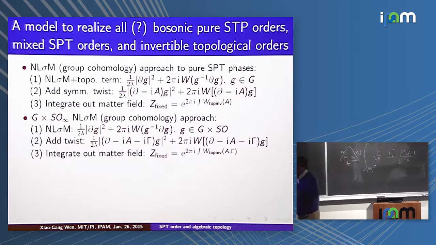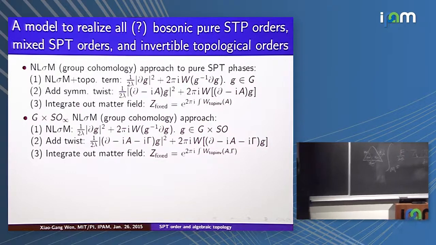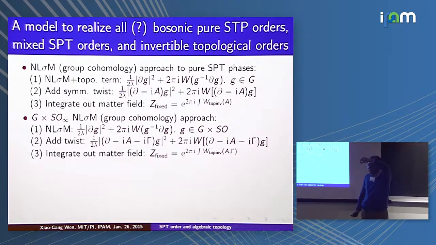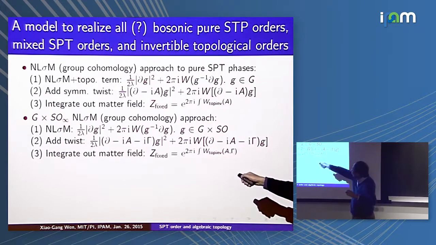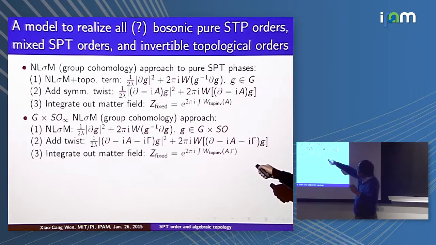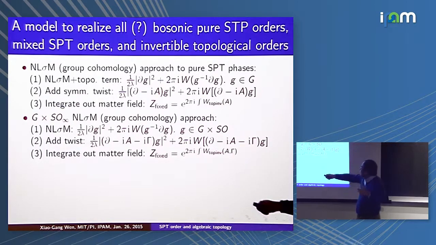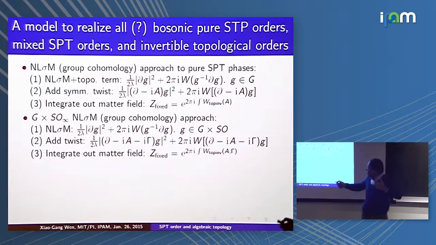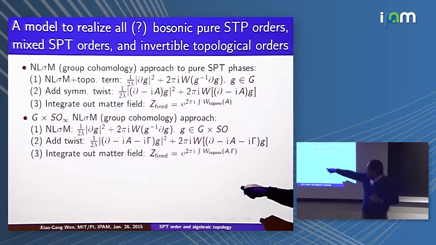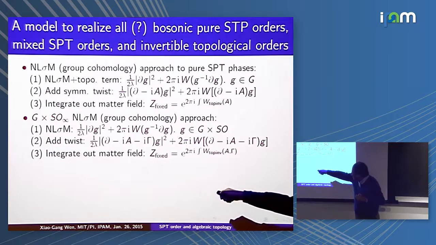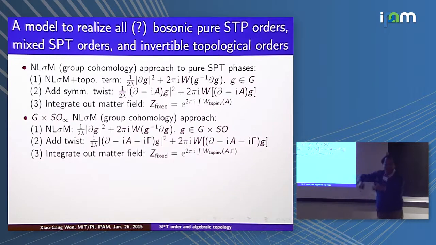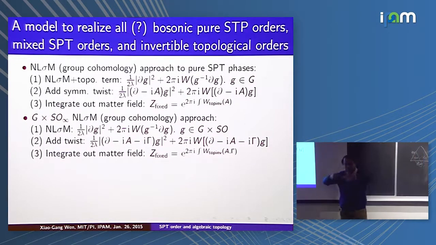Yeah. So actually the idea is pretty simple. Previously we said that in the vertex we have an index, so you have a nonlinear sigma model of the group manifold. Then you can couple the group to the symmetry twist, which is the gauge field. To produce a mixed topological order, SPT phase, we simply assume the index belongs to the symmetry group G and SO infinity or SON, some kind of index that can be continuous.